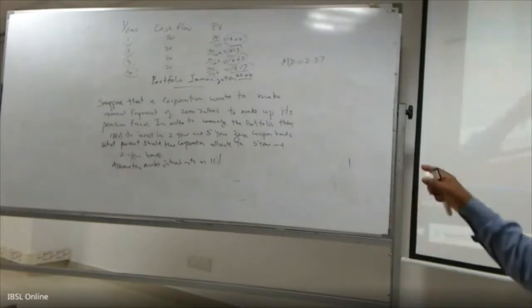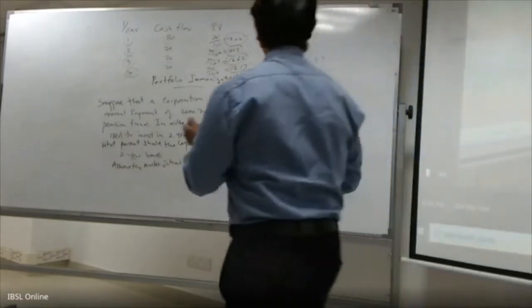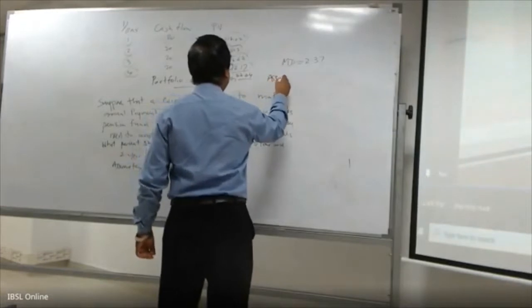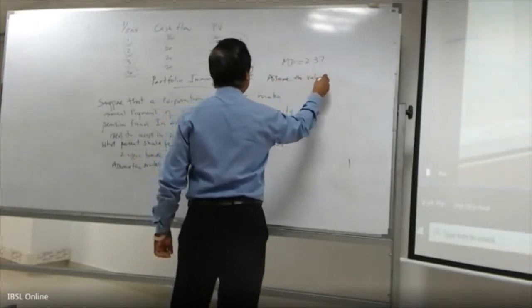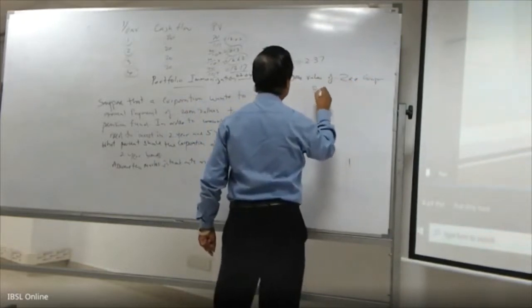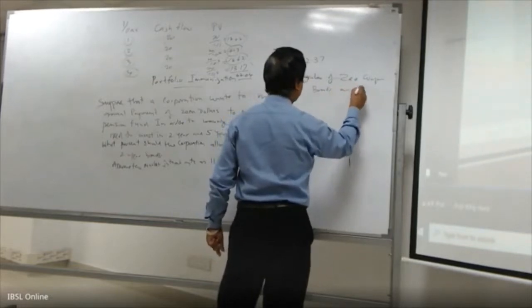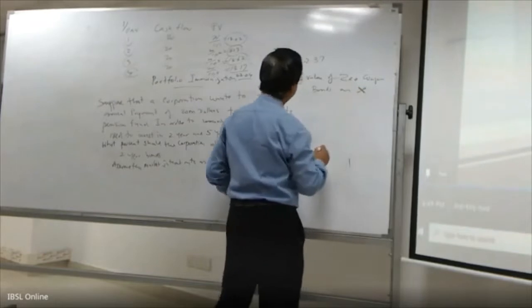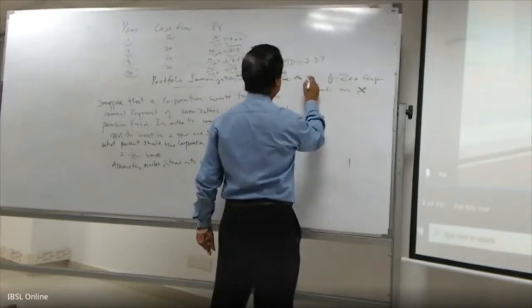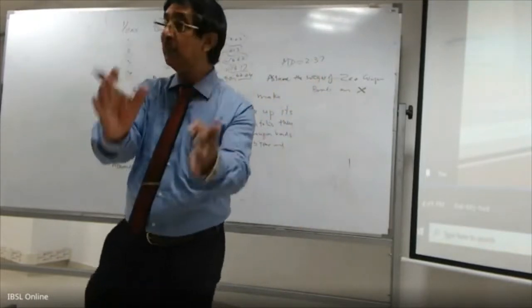Then just assume the weight of the 2-year zero coupon bonds as X. There are only 2-year bonds and 5-year bonds.